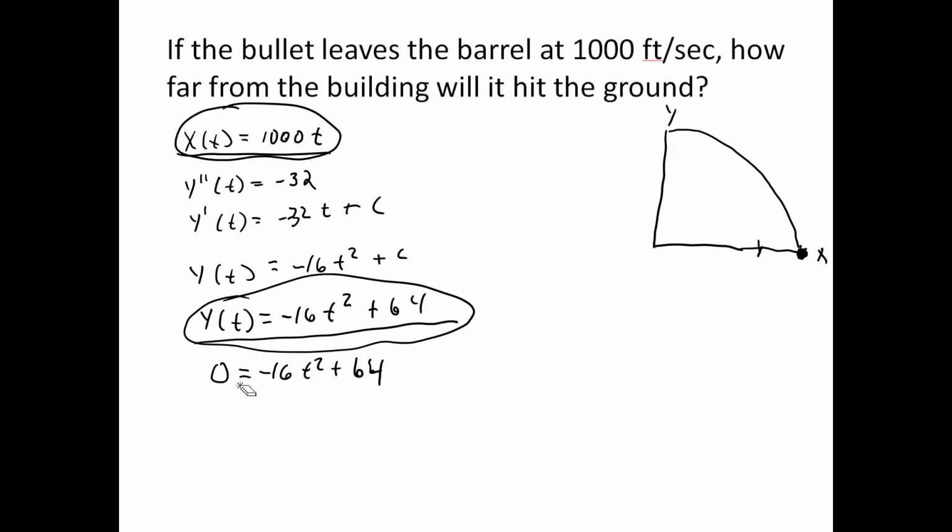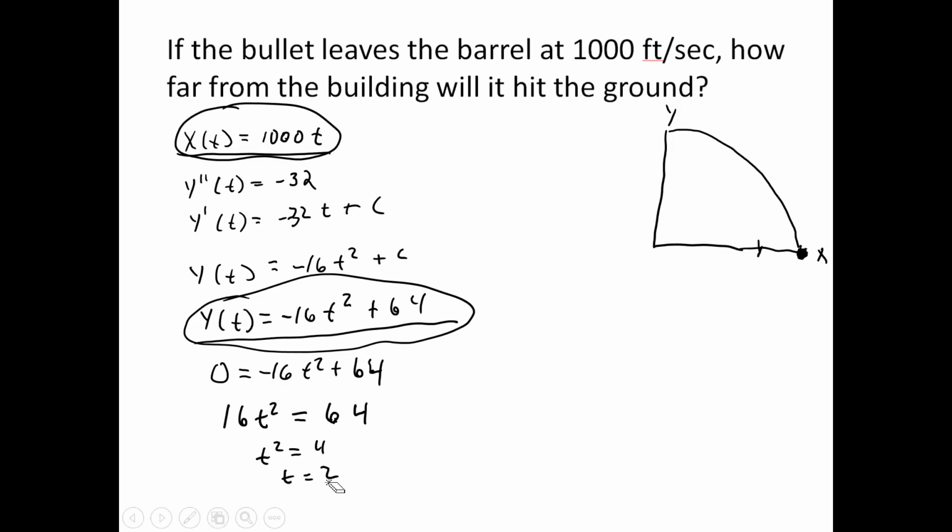And then we add 16t squared. Divide by 16. Square root.